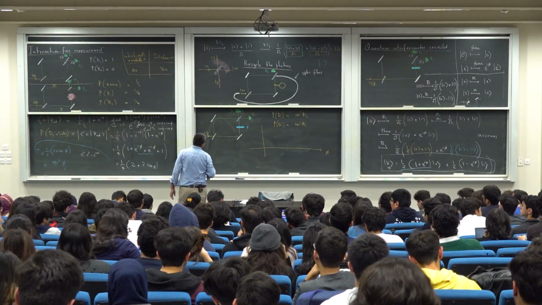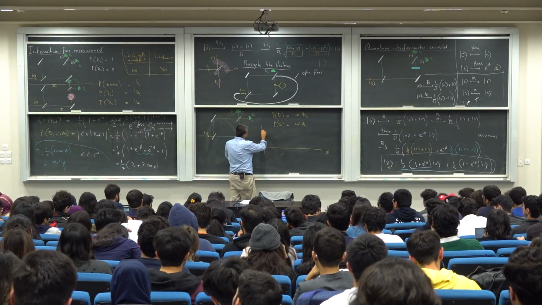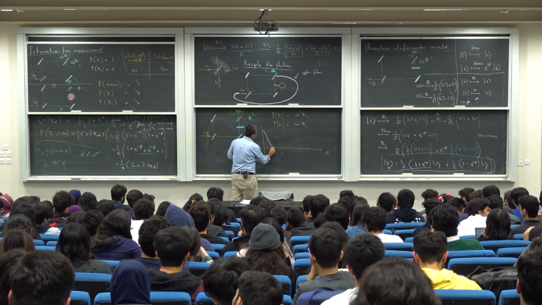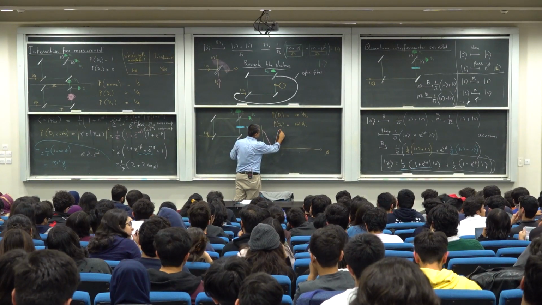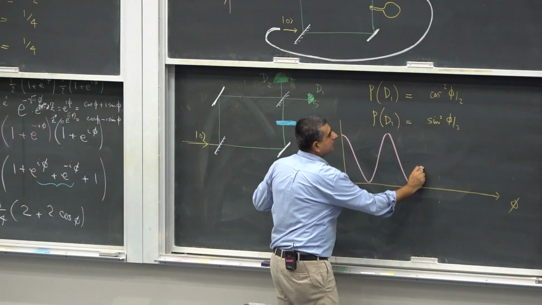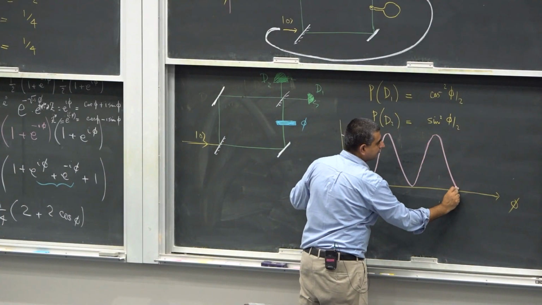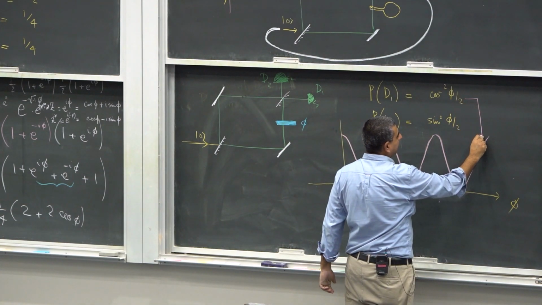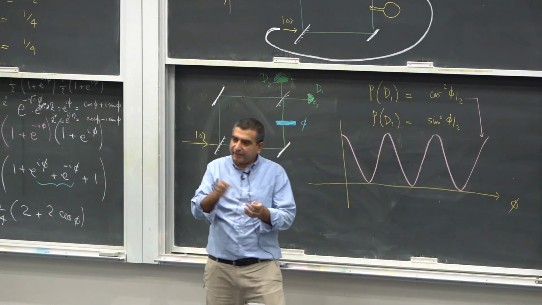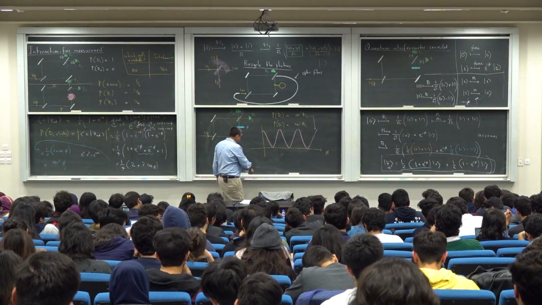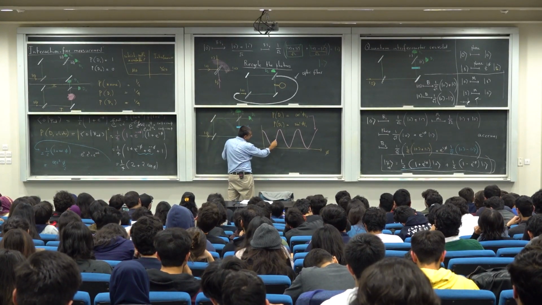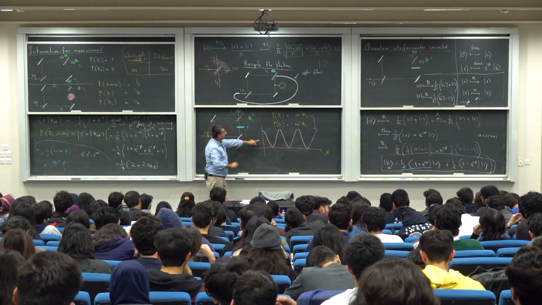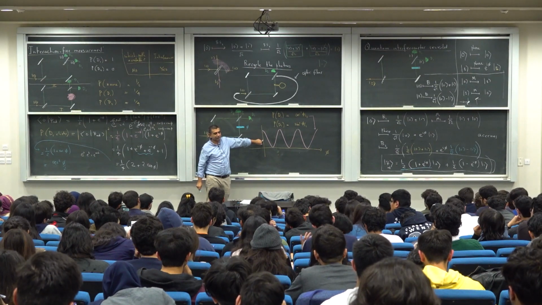So this cosine square phi by 2 is going to look something like this. This is my probability of D1 clicking for a certain setting of the phase. So if I were to set the phase at this value, this is what the probability of detector D1 clicking is going to look like.